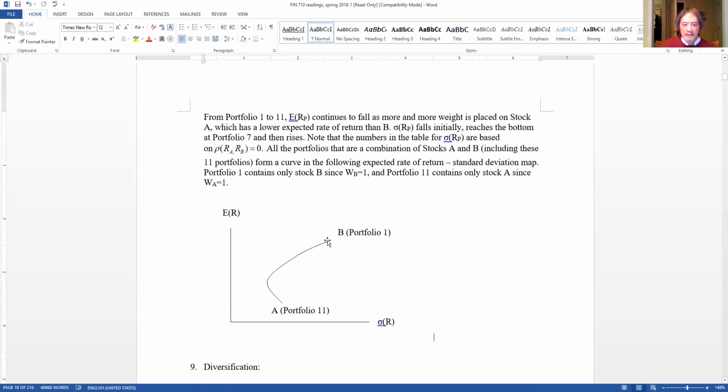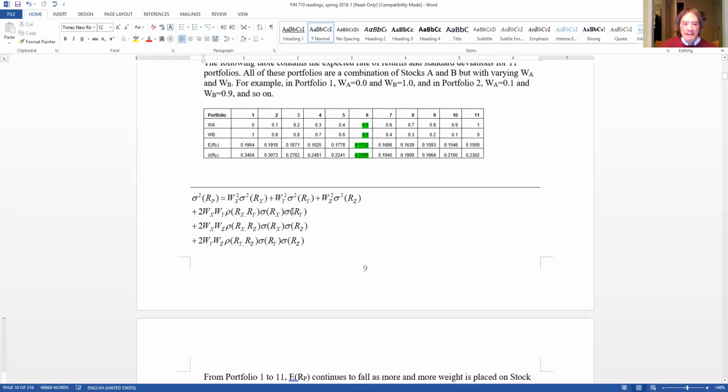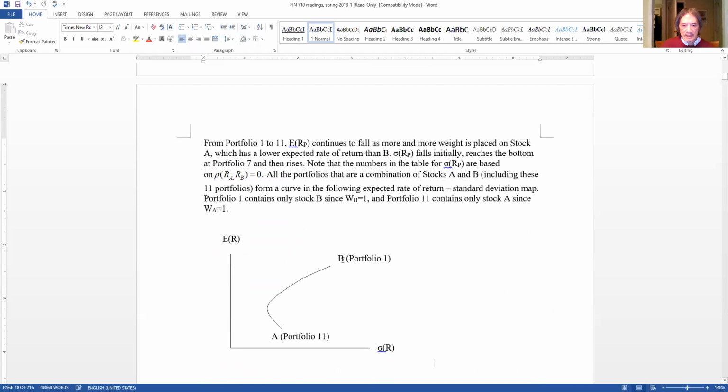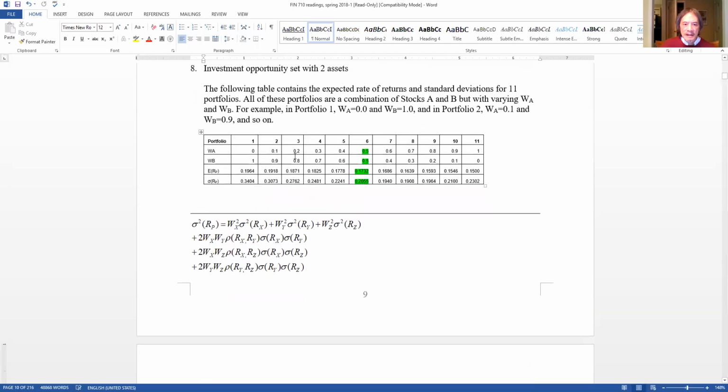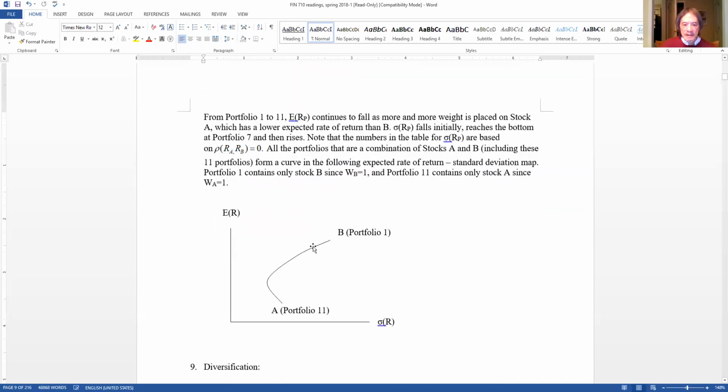And this portfolio is actually portfolio 1 with all investment in B and 0 investment in A. So this is just asset B, here. And then portfolios 2, 3, and so on to 10 will be portfolio 2, 3, 4, 5, 6, 7, 8, 9, 10.